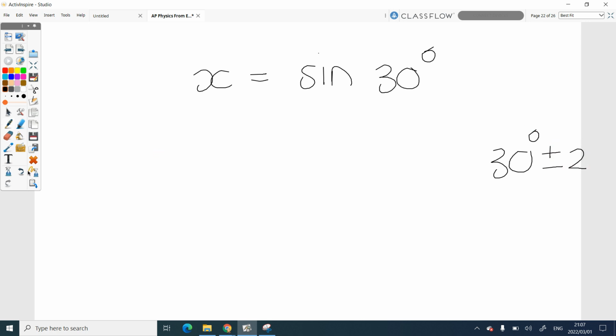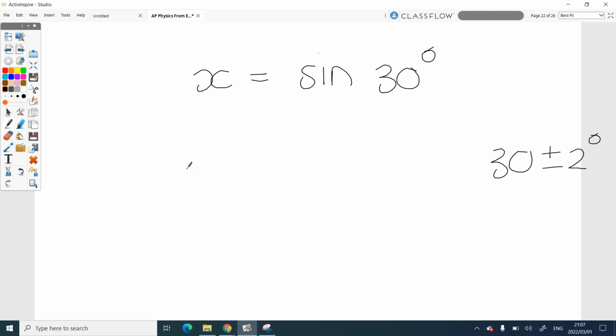So if x is equal to sine of 30 degrees, and this is actually not 30 degrees, it's 30 plus or minus 2 degrees. If we're looking at this answer, you just work out sine of 30 degrees again, and you should get 0.5.